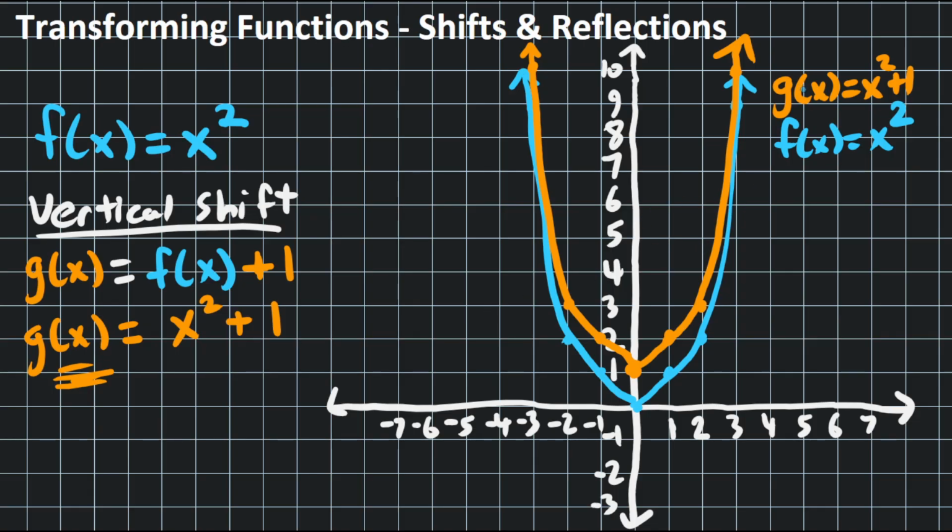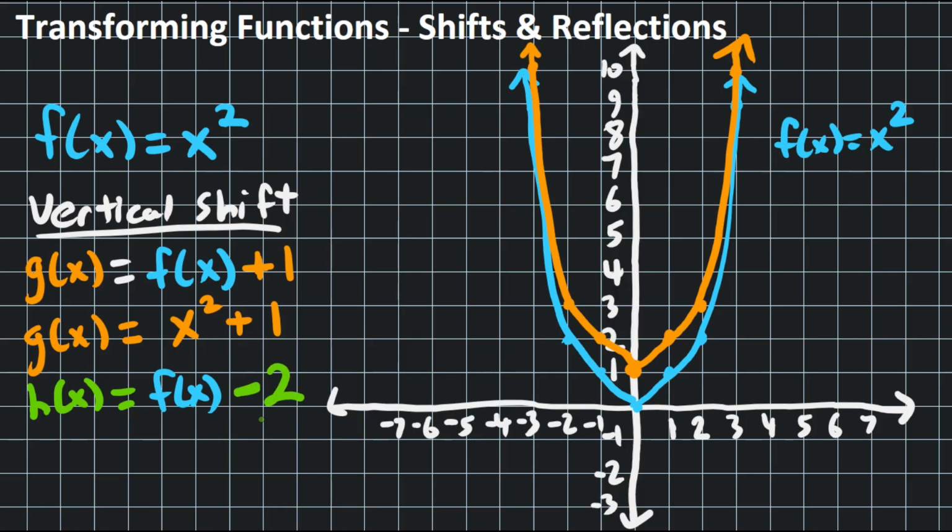Now, let's draw another function. Let's call it h of x. And we are going to shift f of x down by 2. So h of x equals f of x. And how do we shift it down by 2? We're going to subtract 2.